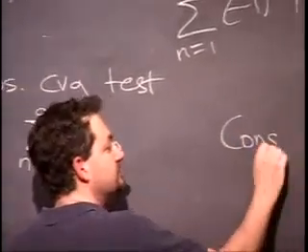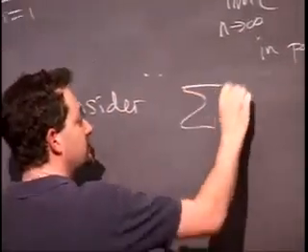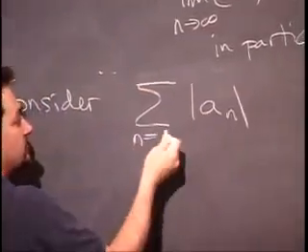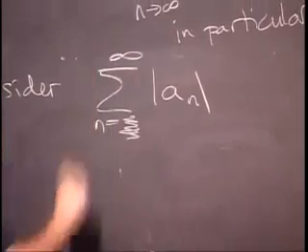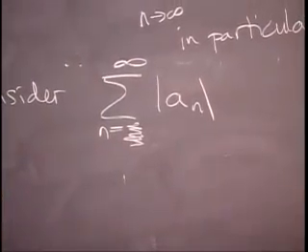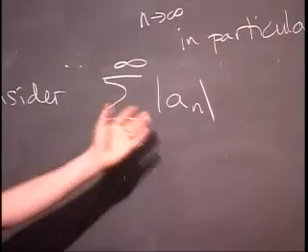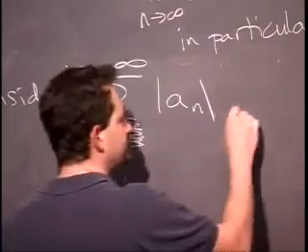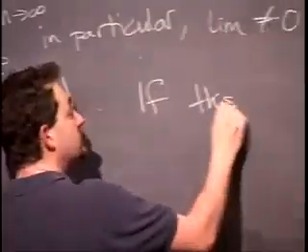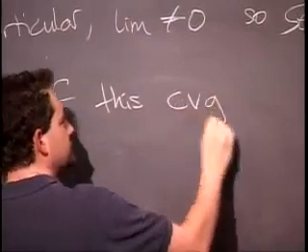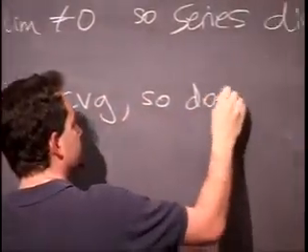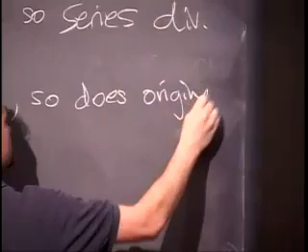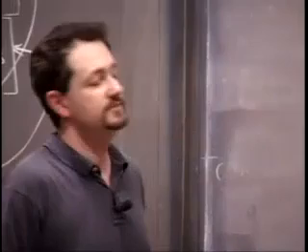Consider this series, but all you do is take absolute values of each term. Well, that's a positive series. All the terms are positive, so you can use comparison test, limit comparison, and ratio, any of the tests if you like on this. If this new series converges, so does the original. That's what the test says, the same as improper integrals.